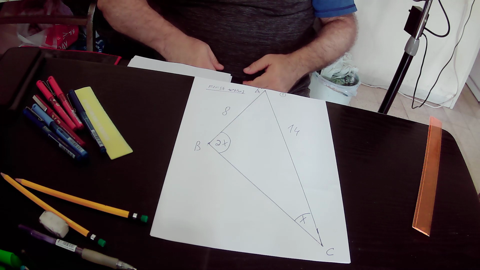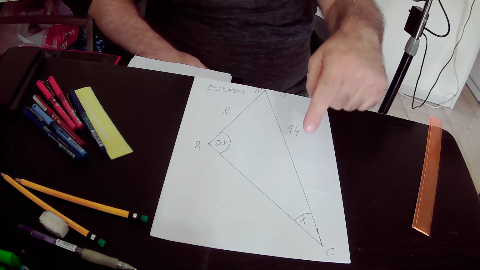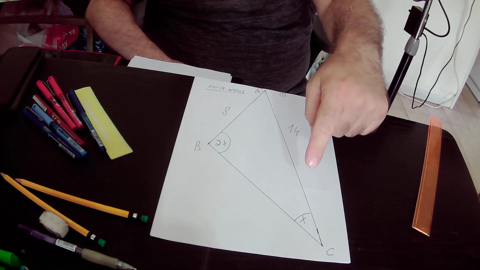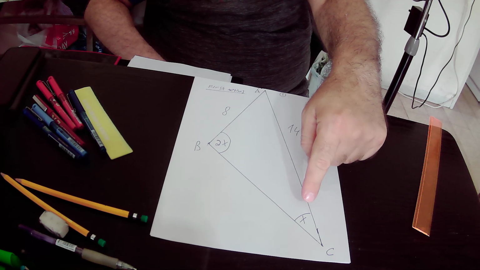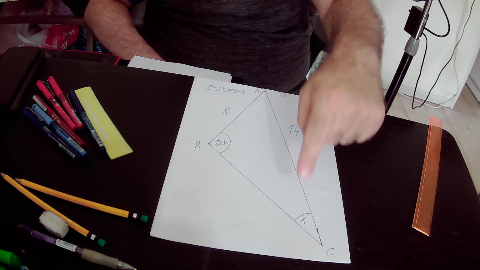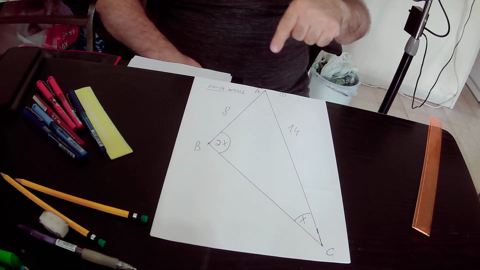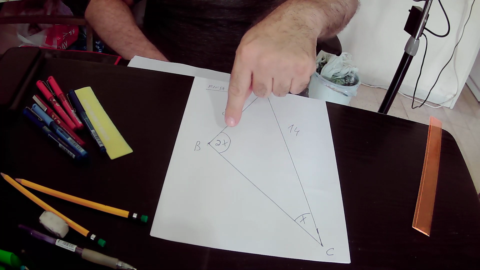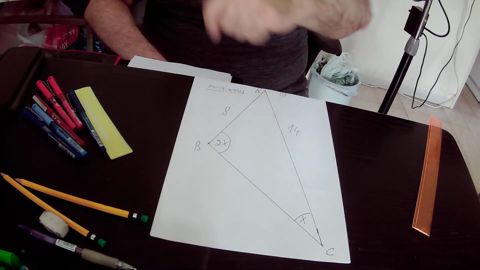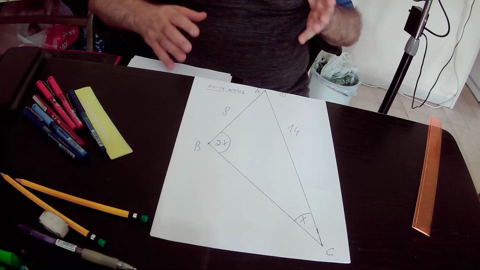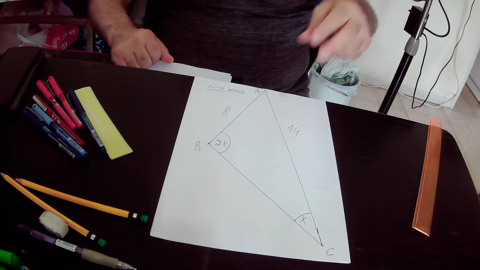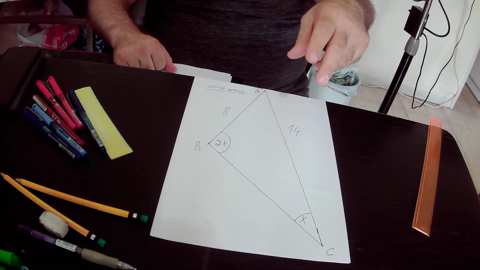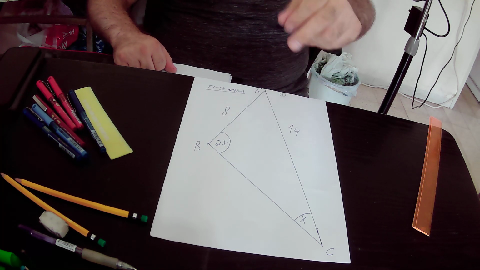And we also know that angle ACB equals x degrees, and angle ABC equals 2x degrees in size. And we want to find out the area of this triangle ABC.